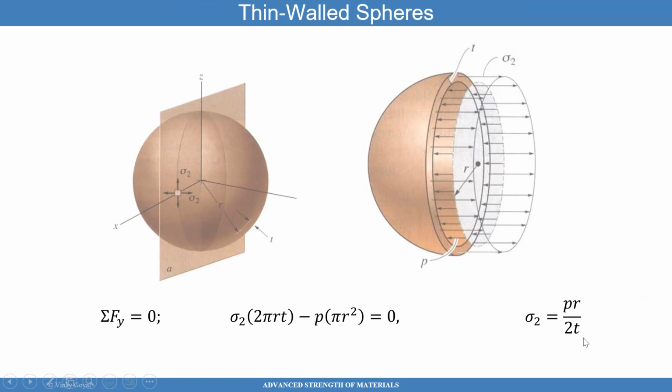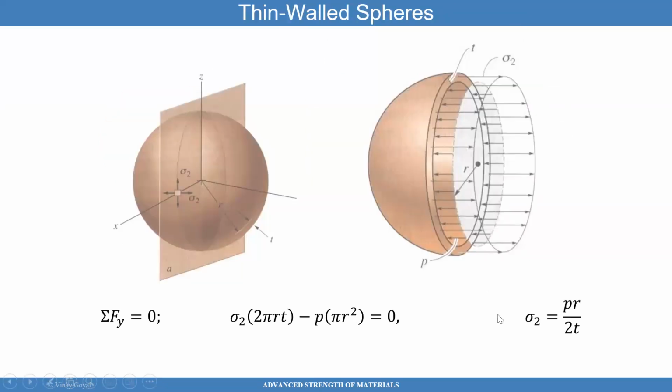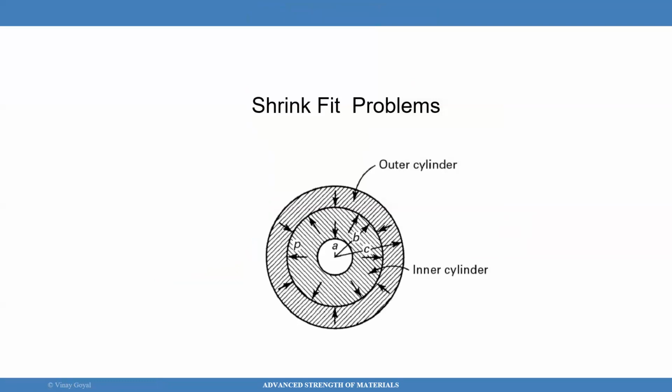So if I take any square, any cut, it has a stress of PR over 2T, which is not the case for a cylinder. The cylinder is PR over T and PR over 2T. So that's what you get for a thin wall sphere. Any questions so far?